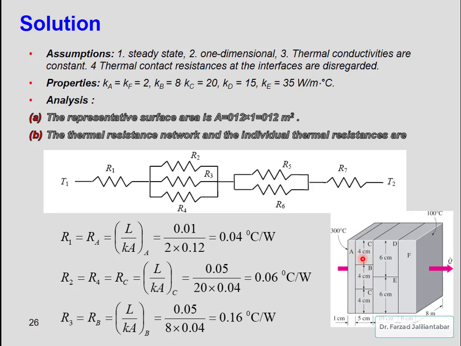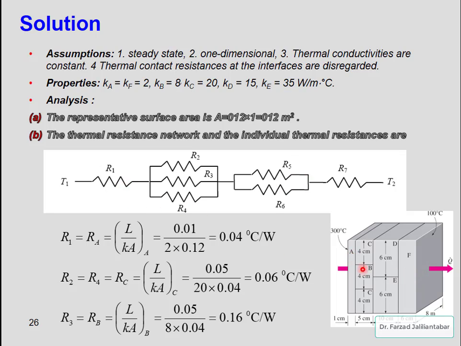So the representative surface area for our calculation is equal to 0.12 square meter. So we just calculate for 1 meter of this wall, not 8 meters. And also in this direction we don't calculate for all of the length of the wall, we just calculate for 12 centimeters.